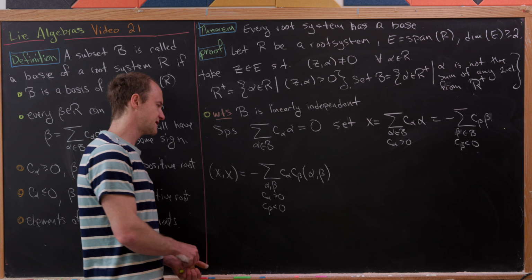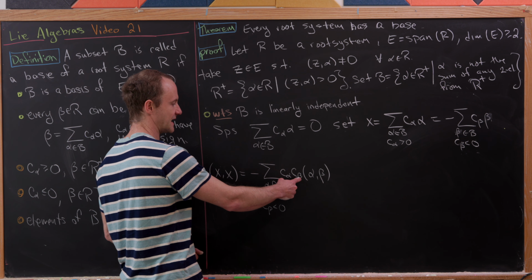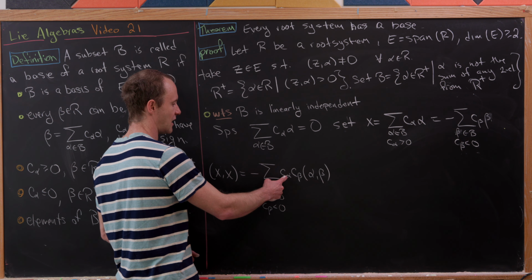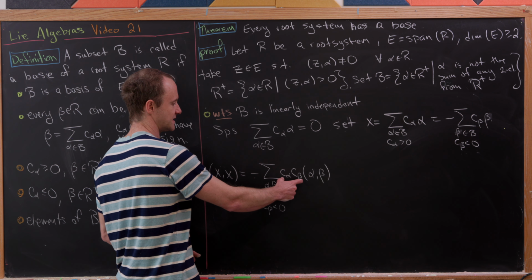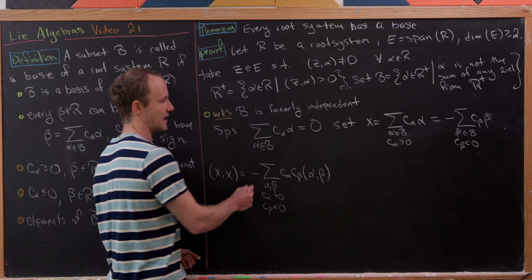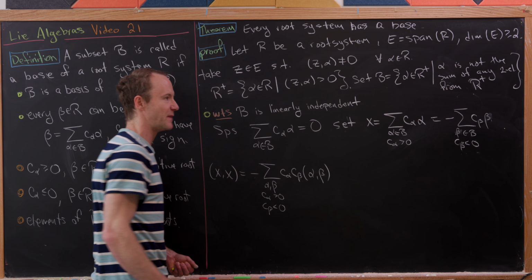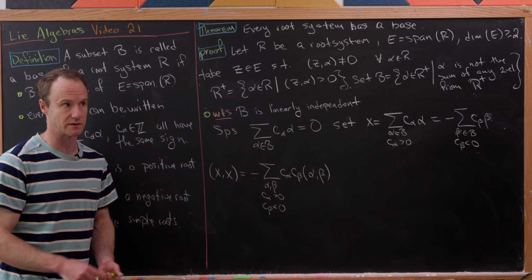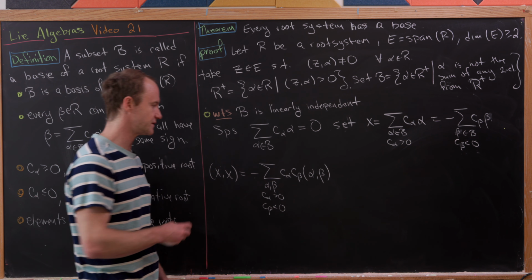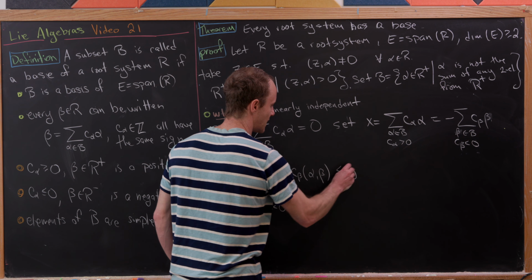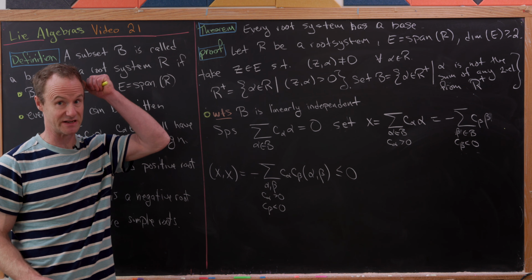But now let's observe that this C beta is negative, this C alpha is positive, and this minus sign makes it all positive. This alpha beta is less than or equal to 0 by our previous result about the angle being obtuse, making this whole sum less than or equal to 0.